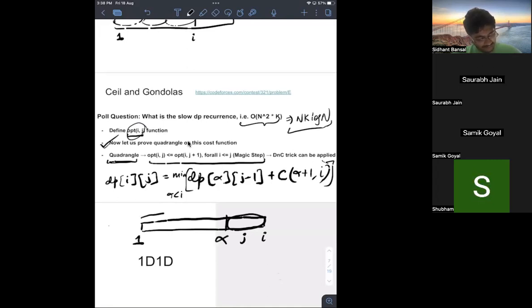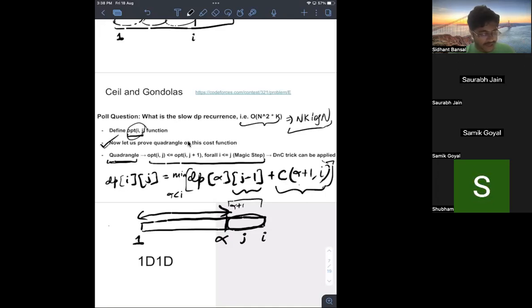So the first alpha people were split into j minus 1 gondolas in whatever way, which was dp[alpha][j minus 1], the cheapest way, plus the cost of putting everyone together from alpha plus 1 to i in the same gondola, which is basically the sum of that submatrix from alpha plus 1 to the ith index. This entire thing gives you one possibility of splitting at the position alpha.